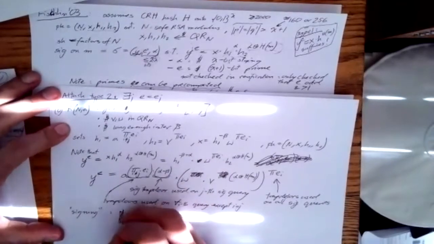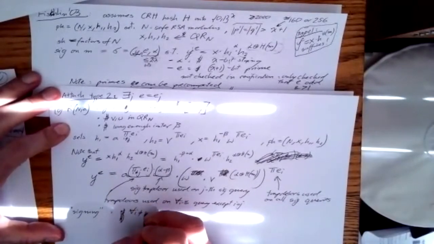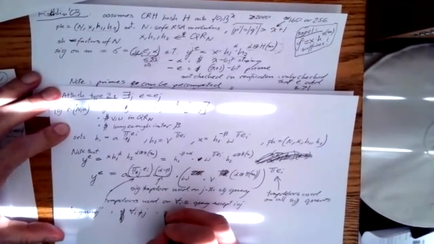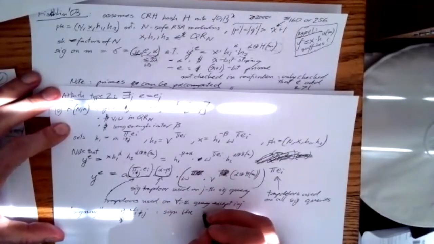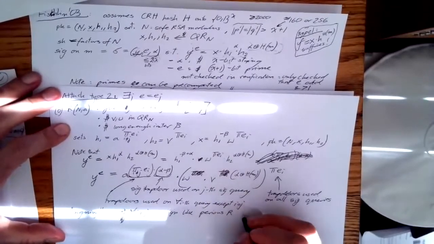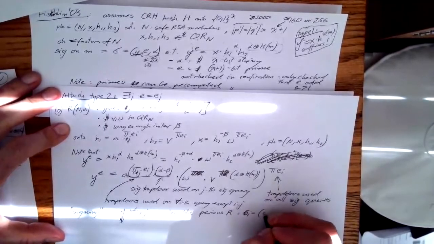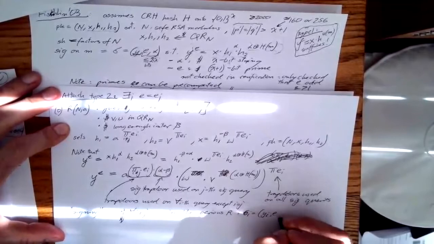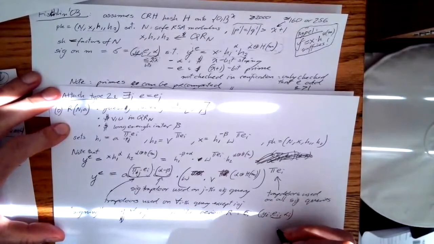So look, signing. For all I not equal to j, sign like previously, and set signature I to be yi, ei, alpha I. So just use this.